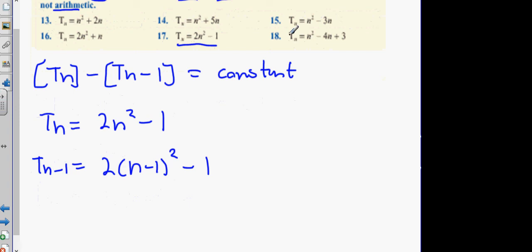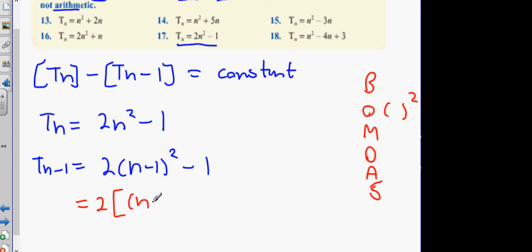Next thing, we got to remember BOMDAS. BOMDAS states that you got to do your brackets. None can be done within the brackets, but you got to square out your brackets before you multiply. So we're going to do this: 2 bracket n minus 1 bracket n minus 1 close bracket minus 1.